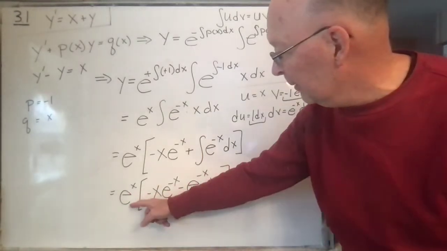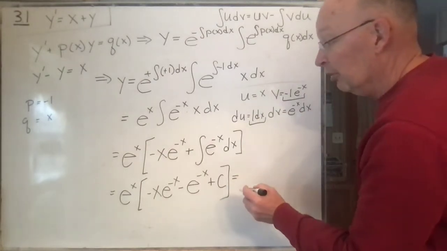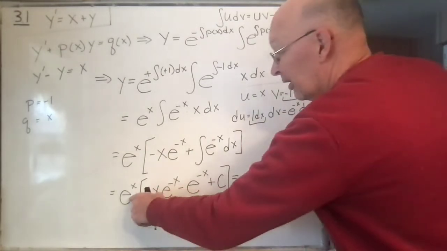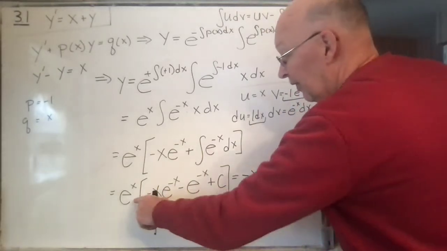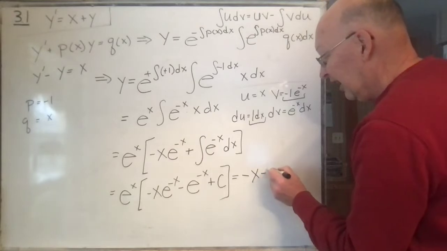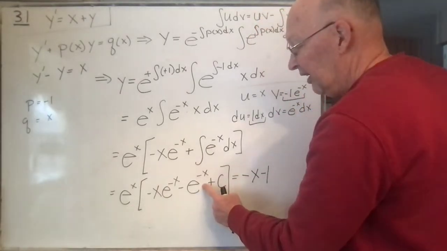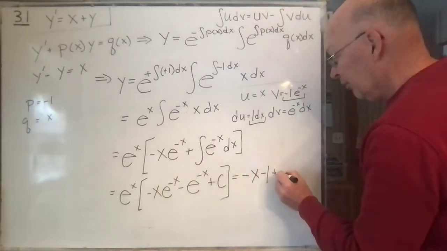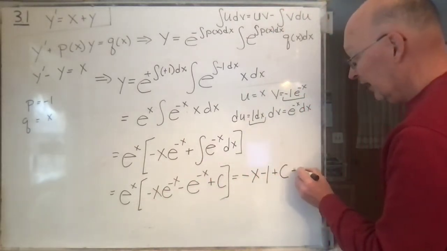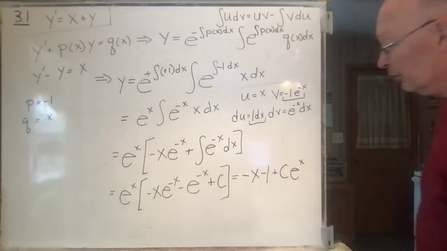All of that is being multiplied by this. And so when I multiply that all through, look at what happens. This times this is going to be a negative x. This times this is going to be a negative 1. See that? Those things cancel. I'm just going to get a negative 1. And then this times this is going to be plus c times e to the x. So there is the solution.